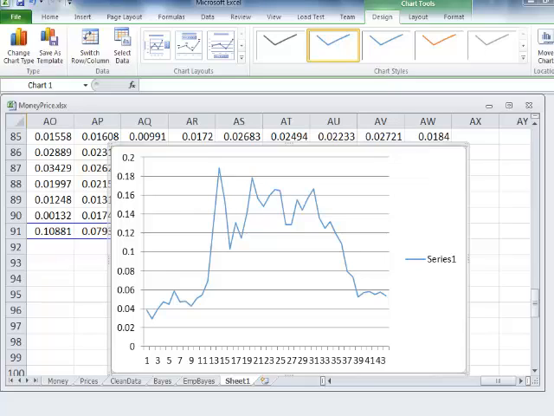And then near the end it again goes back to the low inflation regime.